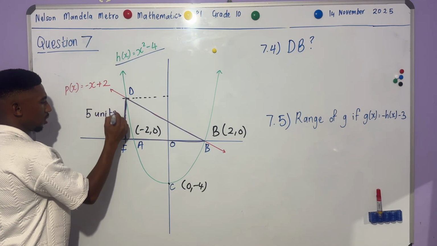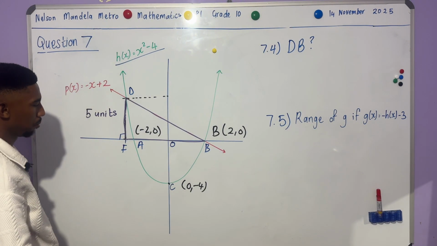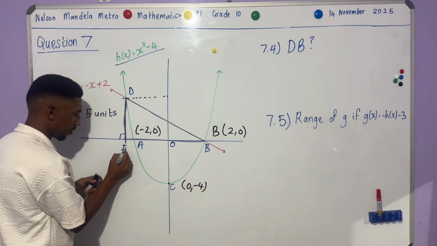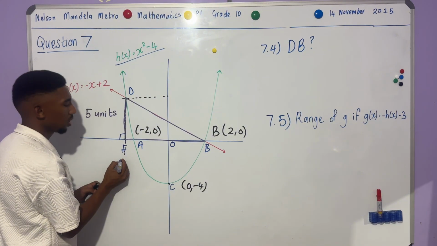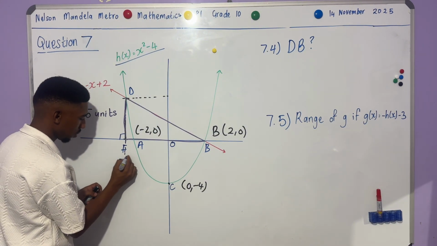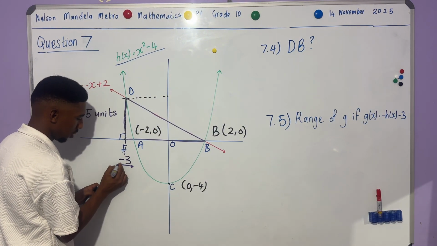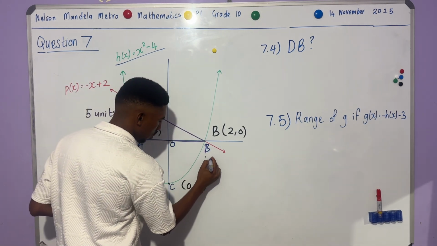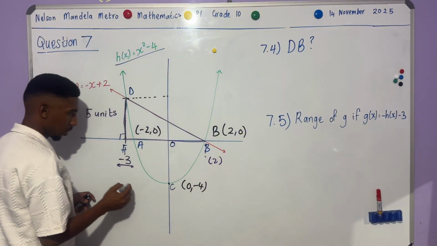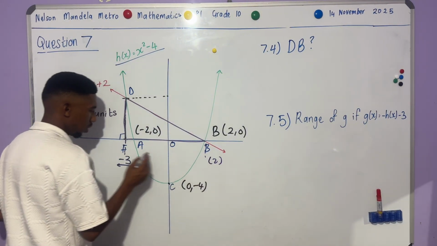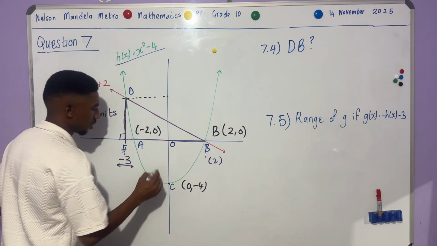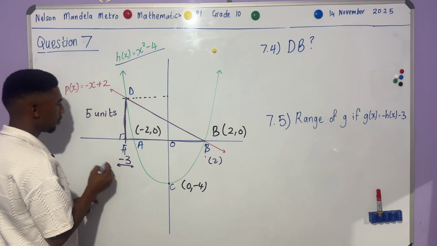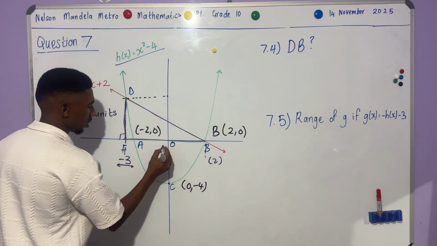And this is very important to note, the x coordinate was minus 3 for F. You want to find the length of FB. The b coordinate is 2. So from minus 3 to 2, there is a total distance of 5 units as well. So yes, FB is also equal to 5 units.